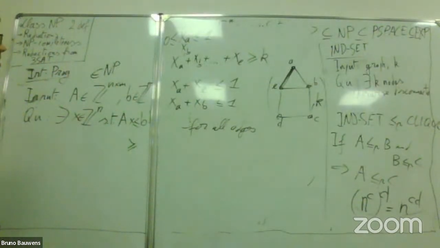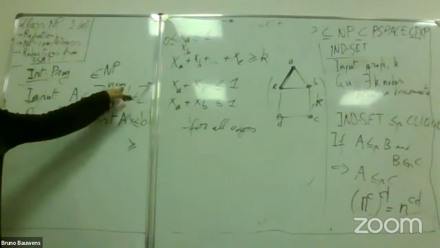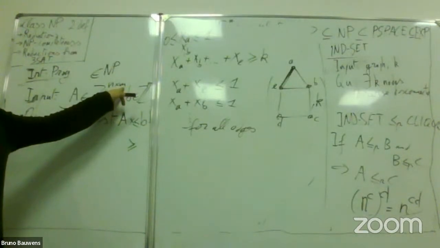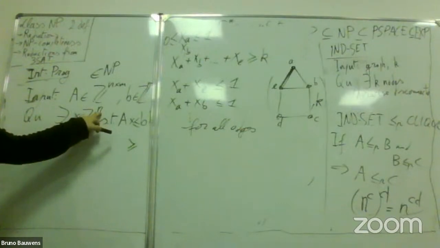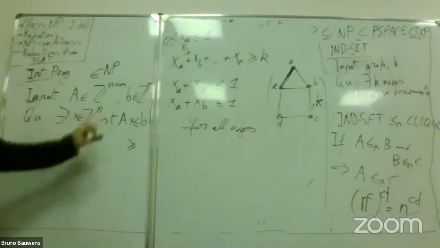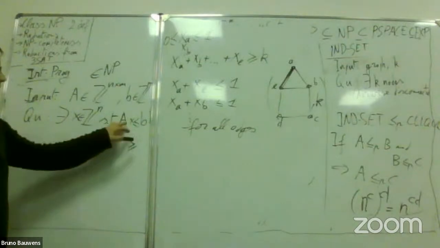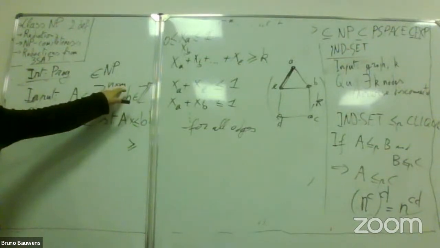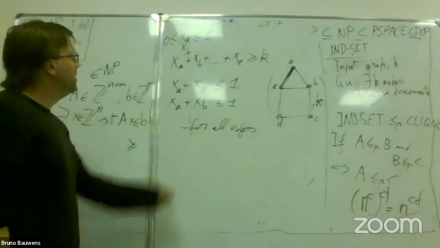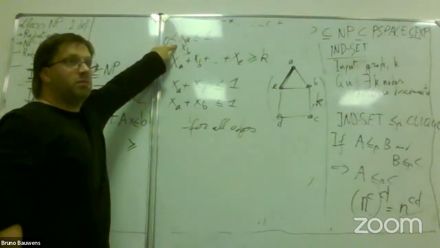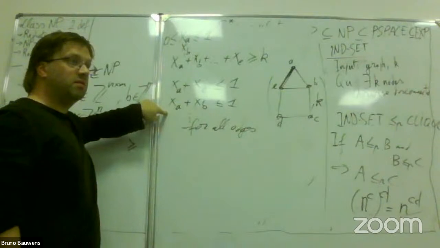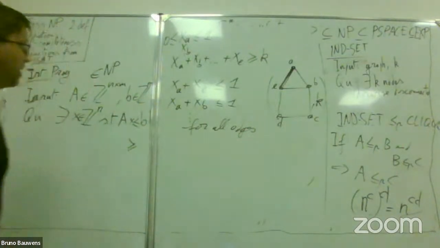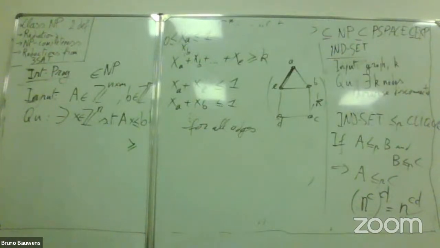Now what are the values of N and M in this reduction? The number of variables is the number of nodes. The number of inequalities, M, will be equal to twice the number of nodes plus 1 plus the number of edges. So it is quadratic in the number of nodes.